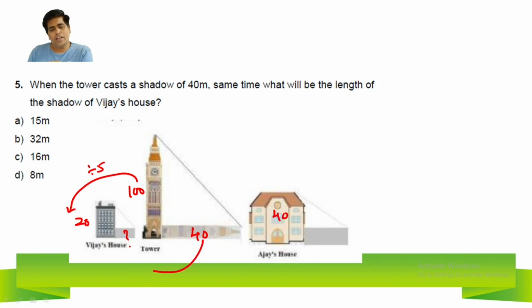So 40 divided by 5, how much is it? It is 8. So the shadow of Vijay's house is 8 meters. In this way also we can get it easily. No need to do so many calculations.